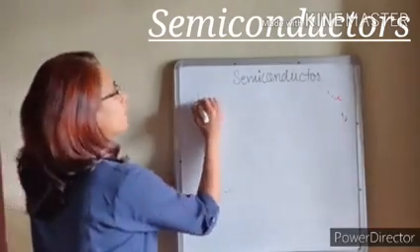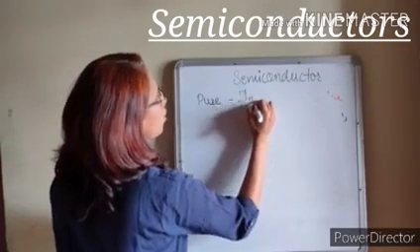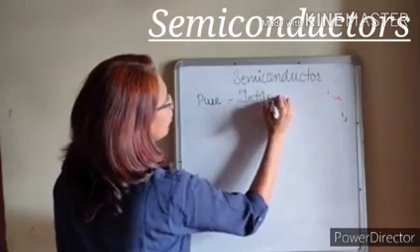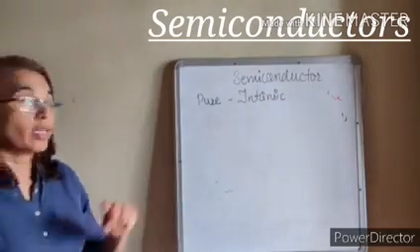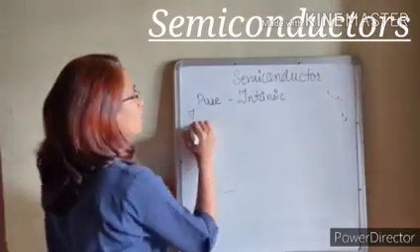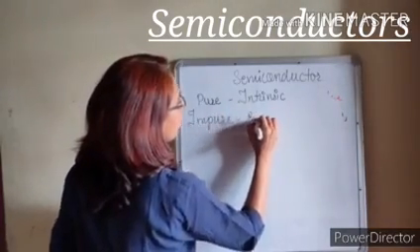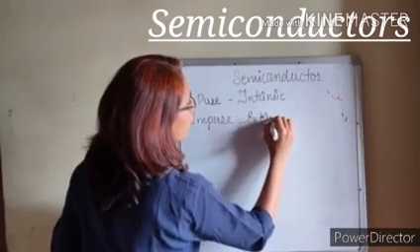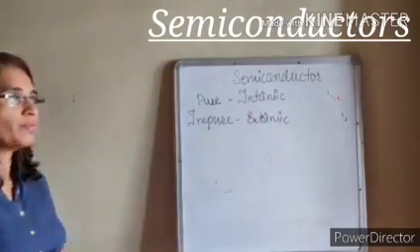That is the pure type of semiconductor, also called the intrinsic type of semiconductor. If one is pure, the other must be the impure type of semiconductor, which is also called the extrinsic type of semiconductor.